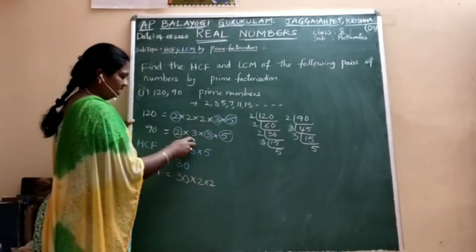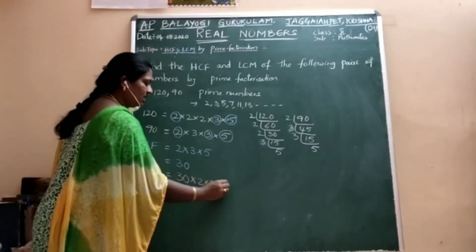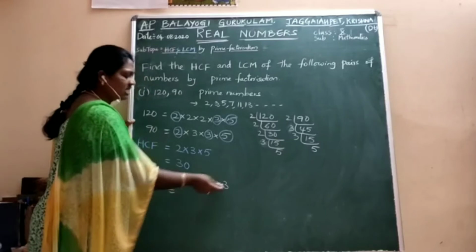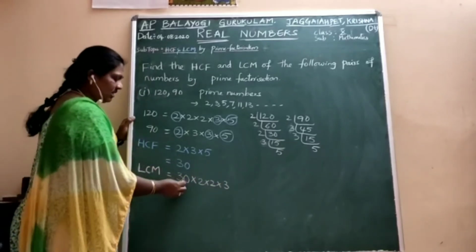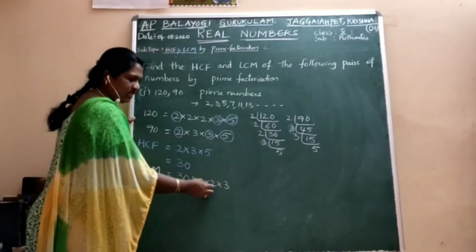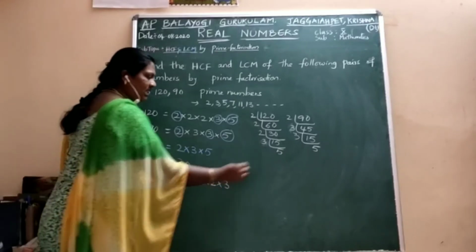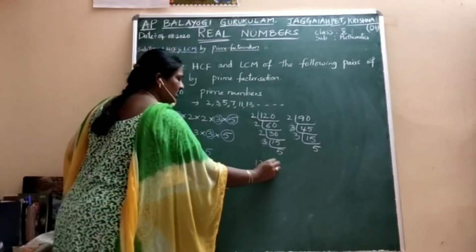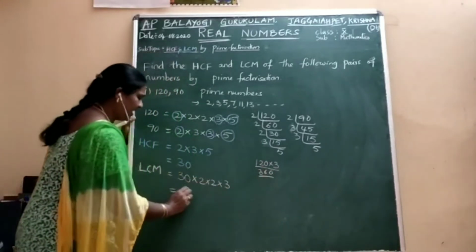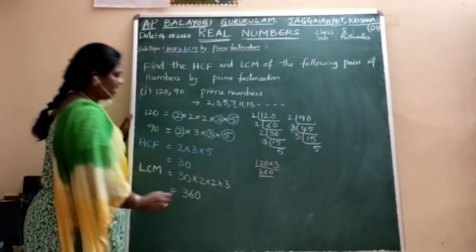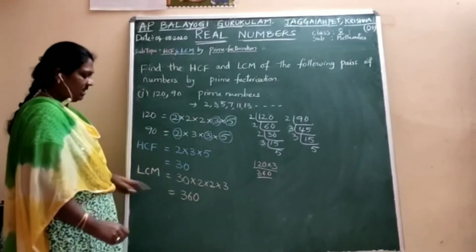And what is remaining in 90? 3. We just multiply these numbers and we will get the LCM. 3 twos are 6, 6 twos are 12, 12 threes are 360. So we get the LCM of these numbers as 360.